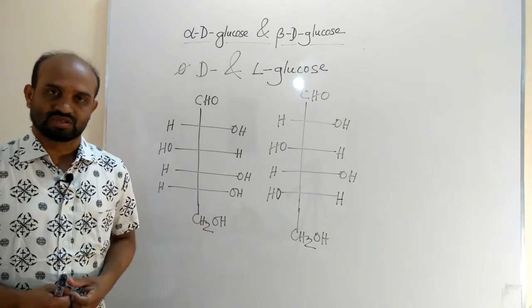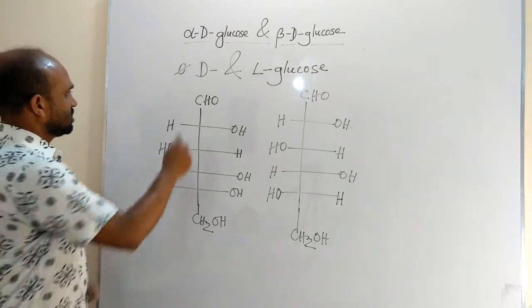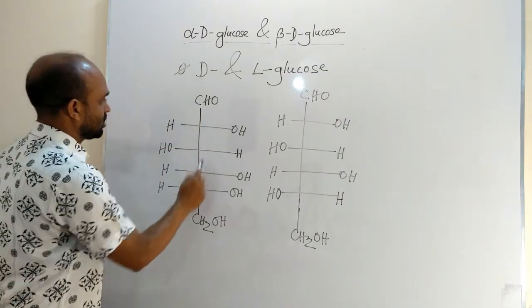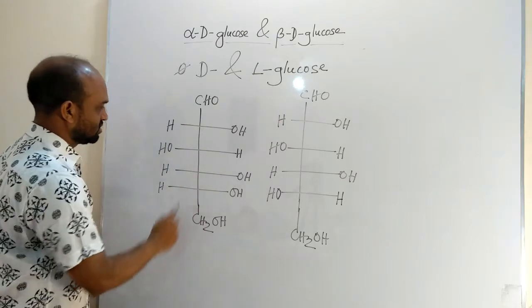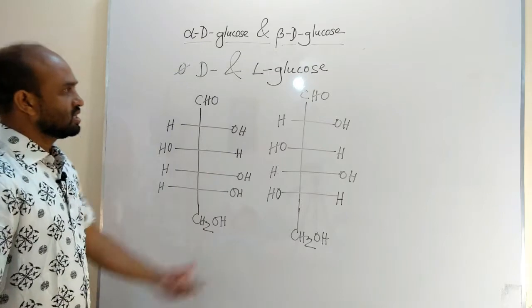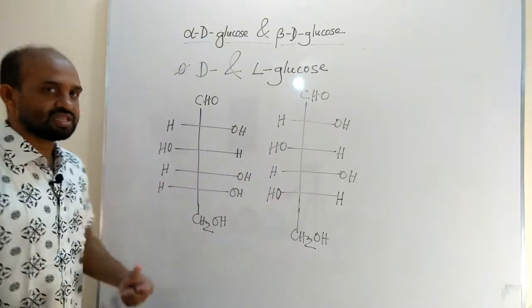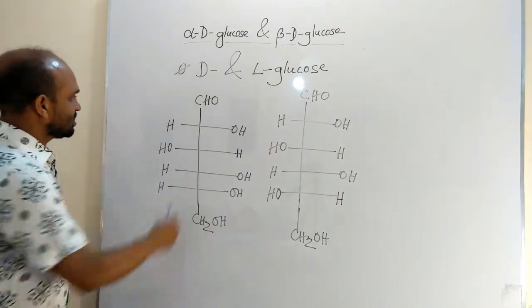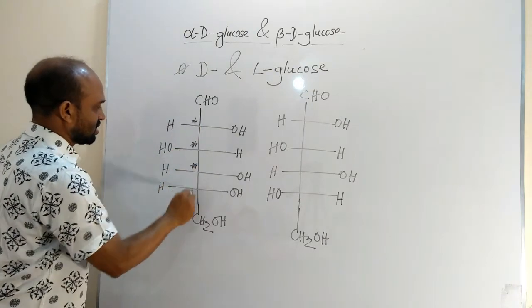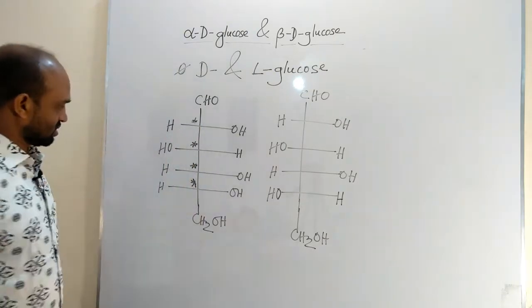Let's look at the structures. Here CH2, CHO, CHOH, CHOH, CHOH, CHOH. Same structure. Where is the difference? This is the chiral center, this is chiral center, this is chiral center, another chiral center.